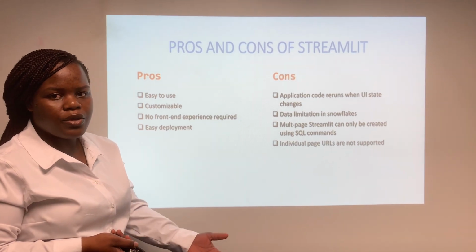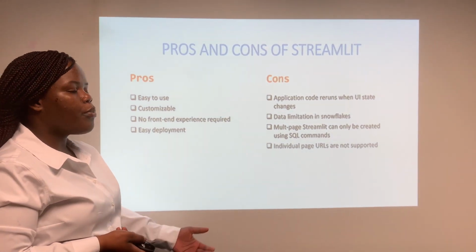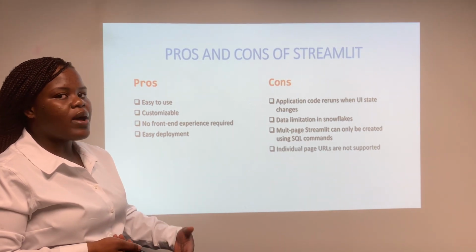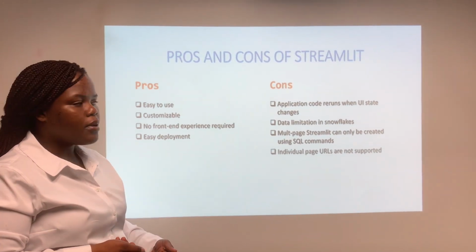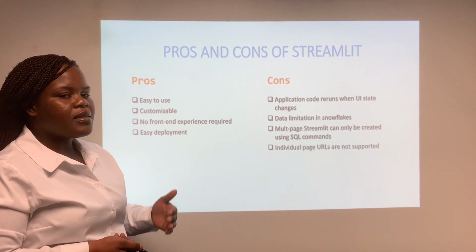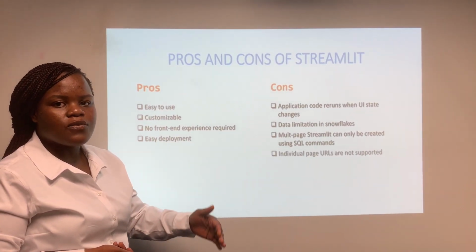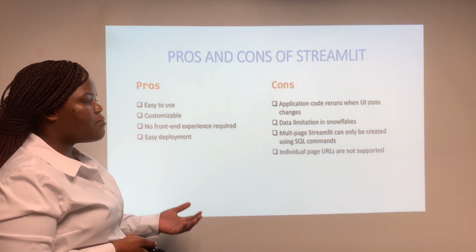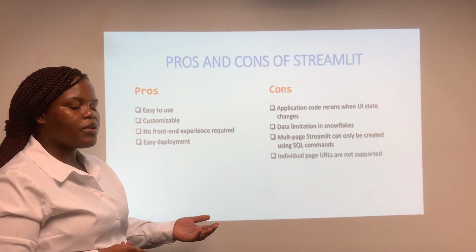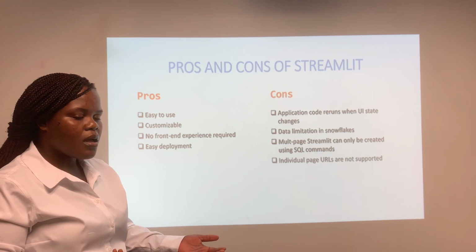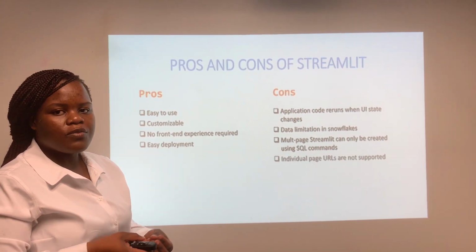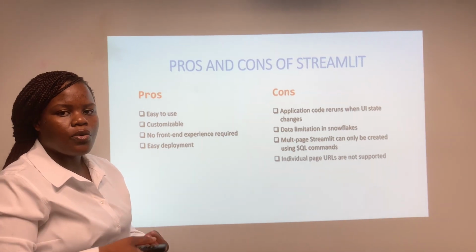So some of the cons of Streamlit is that when you change the state of the UI, for example a user input, then the whole program has to rerun. Because Streamlit runs from top to bottom, when it reruns, it may create some delays in showing you the results. And it has some data limitations when you're using it with Snowflake, because there are limits on the amount of data it can pull out on a single query.